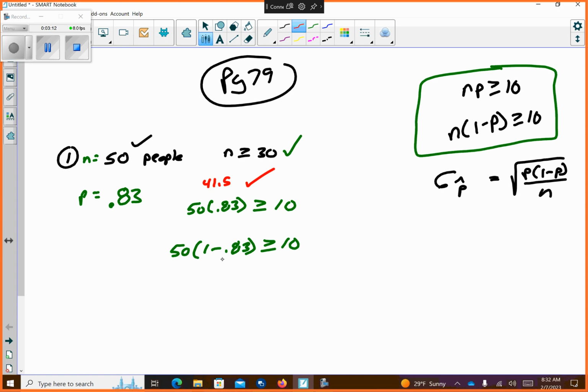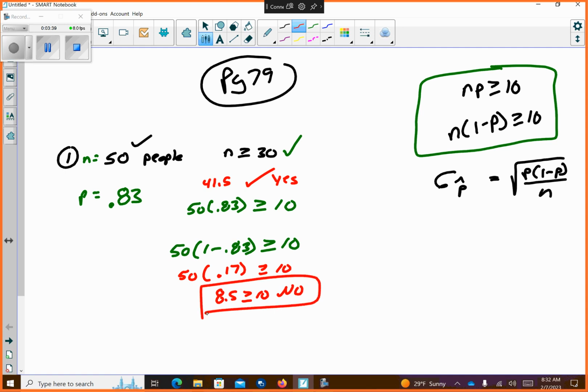On this bottom one, this is going to be the same thing as 50 times 0.17. What is 50 times 0.17? 8.5. All right, so this is a no.